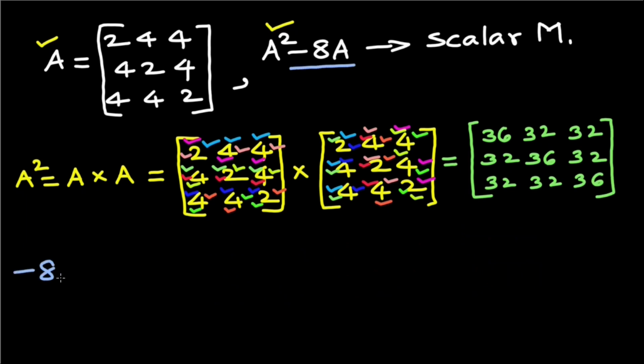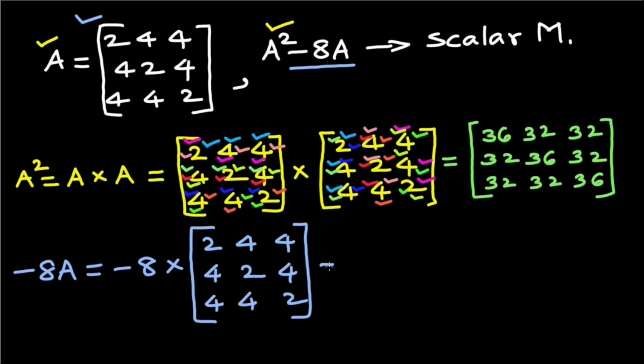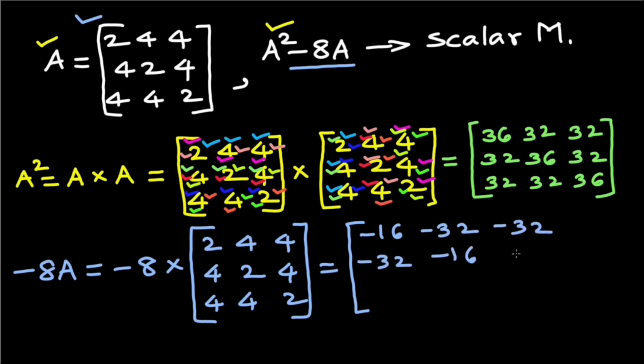So minus 8A will be minus 8 multiplied by this matrix A, which is [2 4 4; 4 2 4; 4 4 2]. We have to multiply each element of this matrix A by minus 8. So it will be -16, -32, -32, -32, -16, -32, -32, -32, -16.